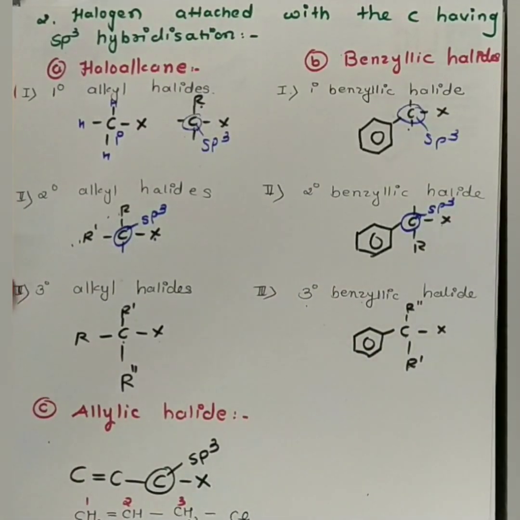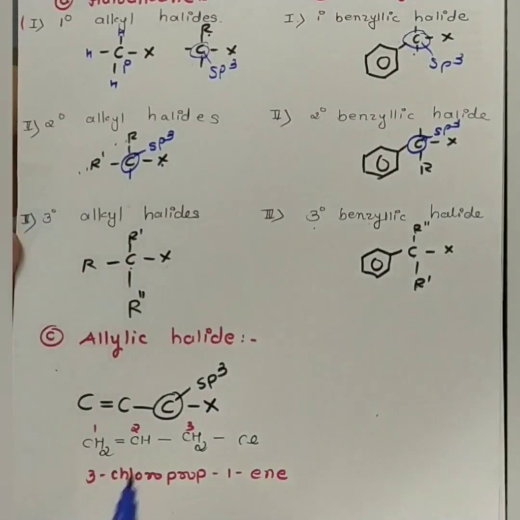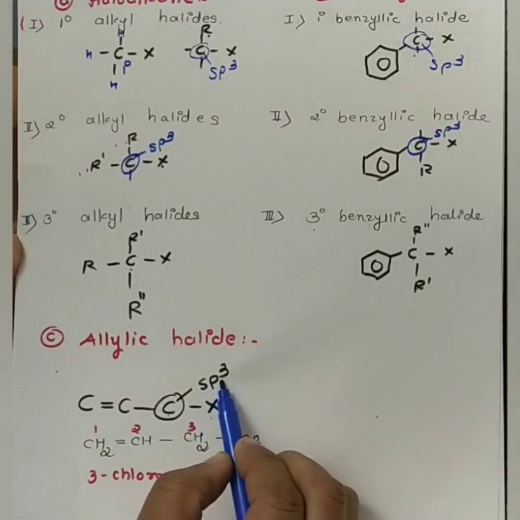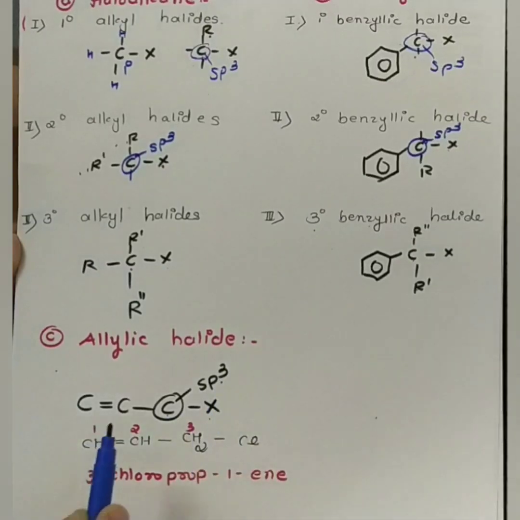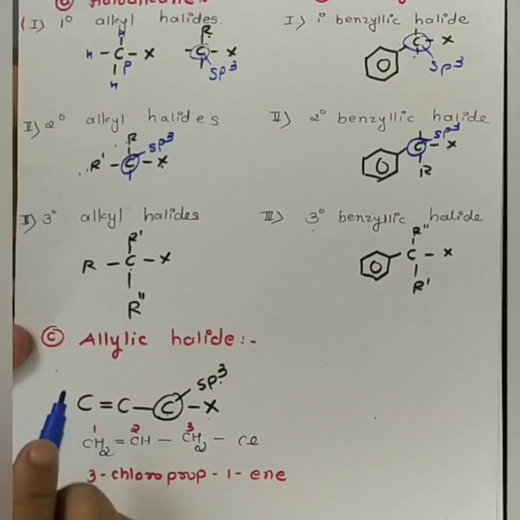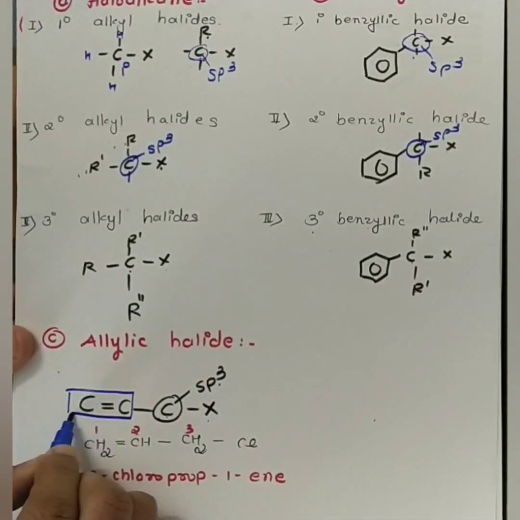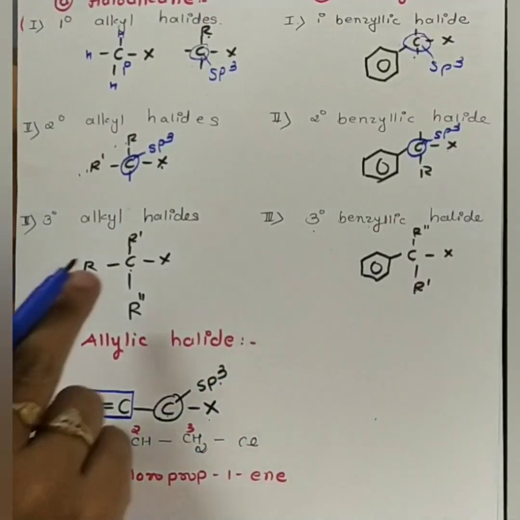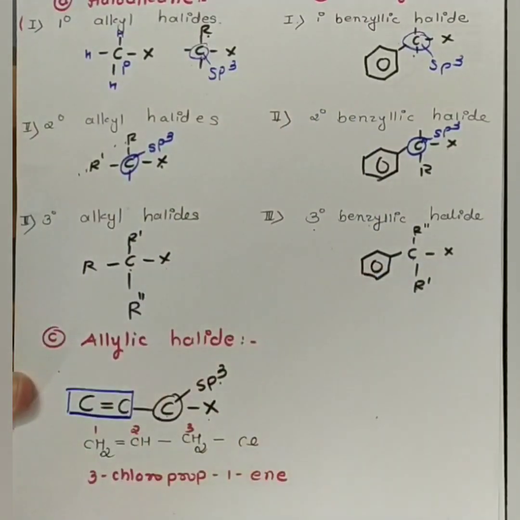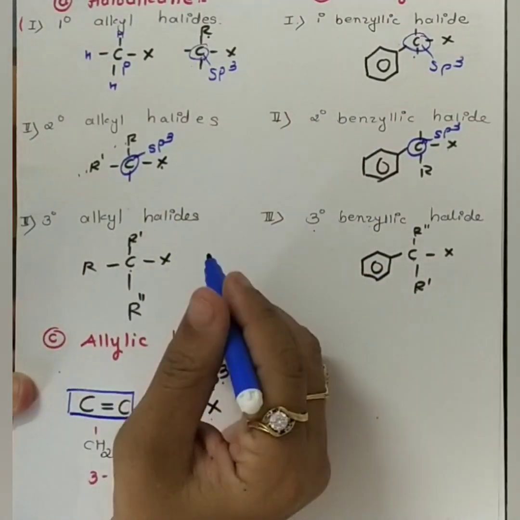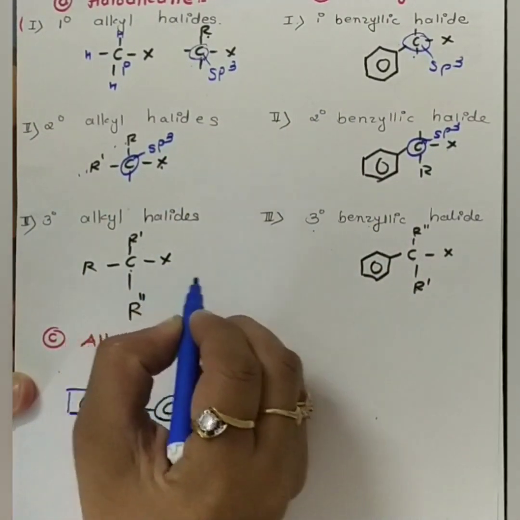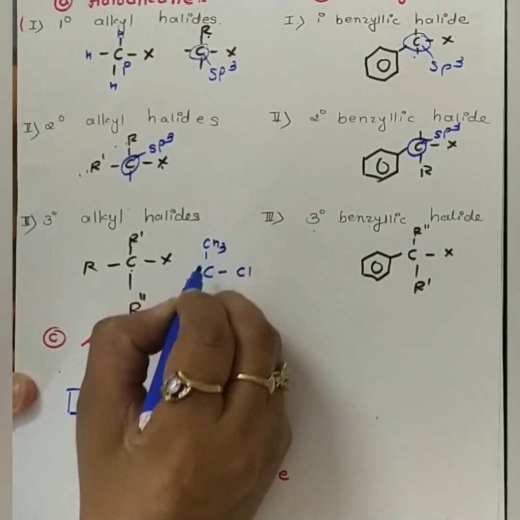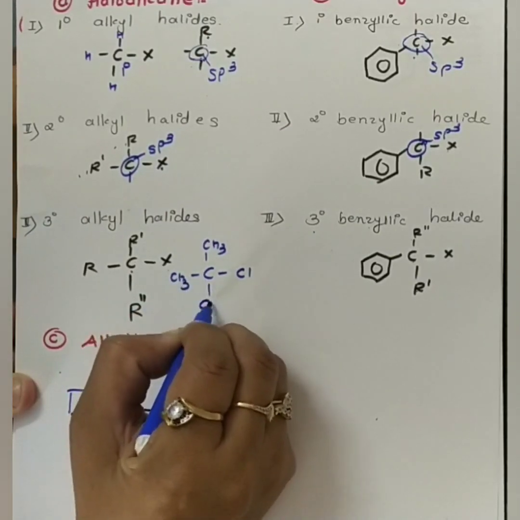The third category in this is, if halogen is attached with an sp3 hybridized carbon, and this sp3 hybridized carbon is attached with the ethylenic double bond, C double bond C. I have mentioned one example also. Even for all this you have to write one example each. For example, for this you can write Cl, carbon, CH3, CH3, CH2, CH3.